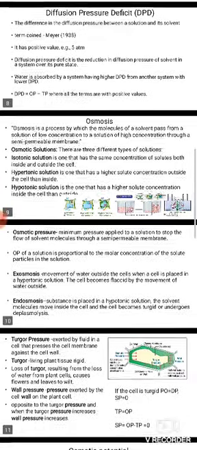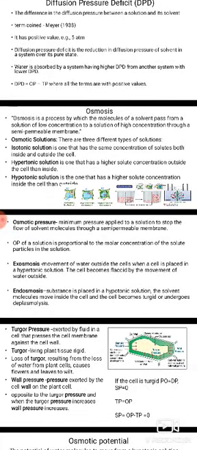Coming to the next one, that is osmosis. Osmosis is a process by which molecules of a solvent pass from a region of lower concentration to a region of higher concentration through a semi-permeable membrane. Osmotic solutions. There are three different types of solution: isotonic solution, hypertonic, and hypotonic.